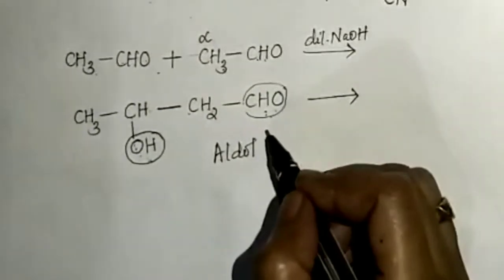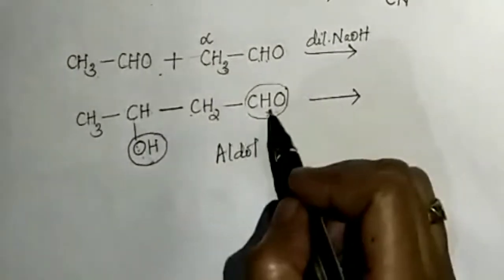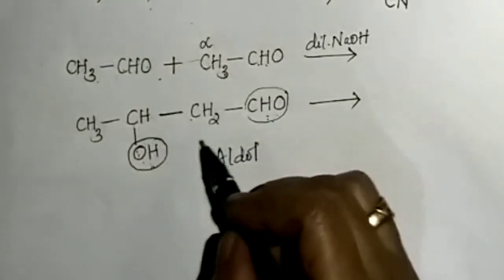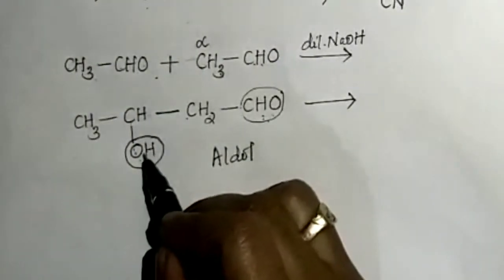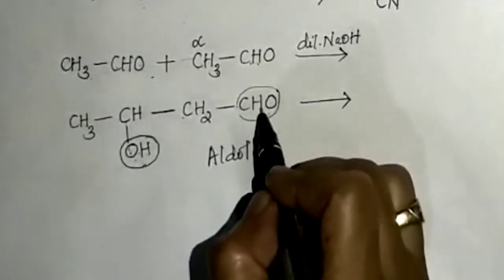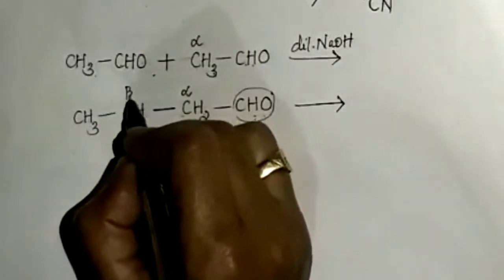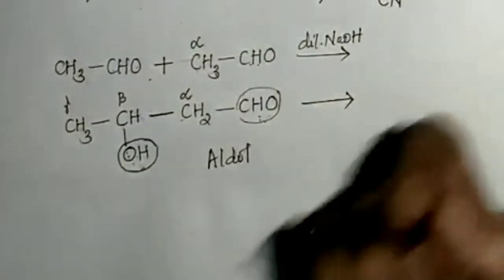This is unstable, since it consists of two functional groups. From the aldehydic functional group, this carbon is known as the alpha carbon, this the beta carbon, this the gamma carbon, delta carbon, and so on.